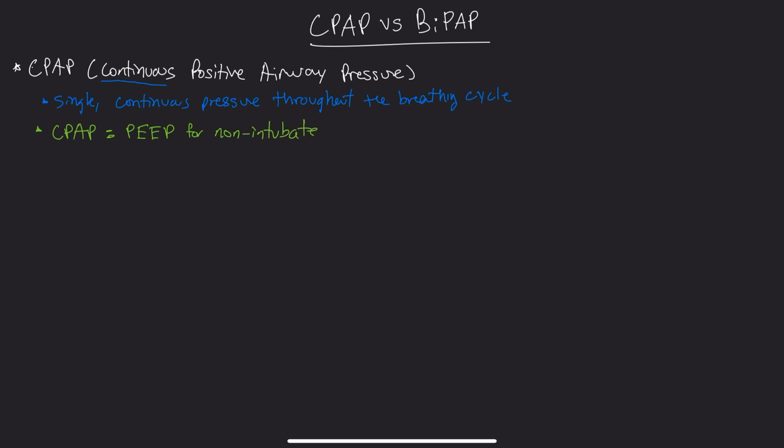And the theory behind this is if you think about the benefits of PEEP, PEEP is going to help improve oxygenation, right? How does it do that? It does that by preventing atelectasis, so preventing the alveolar collapse and expanding surface area for gas exchange. Both of those combined are going to help to improve your oxygenation, and that is exactly how CPAP works as well.